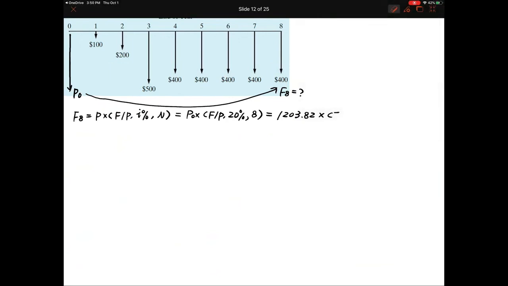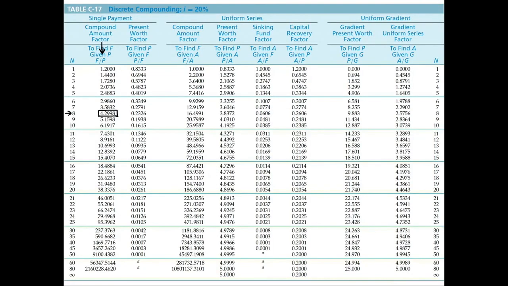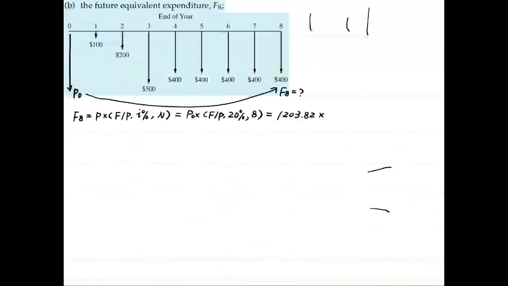So that's the factor, 429.98, and the result is 50,176.19.